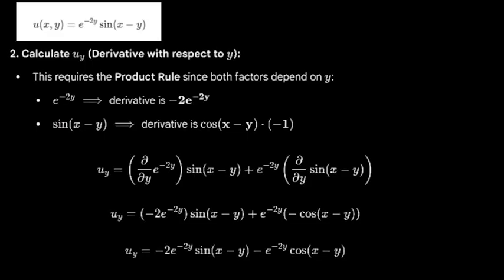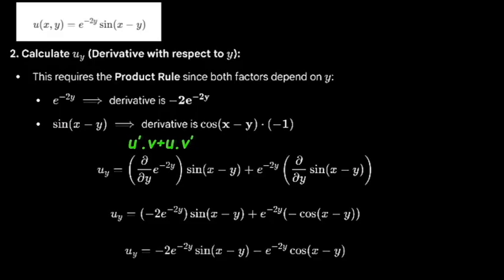If you take the derivative of the first function, you multiply by the other function without the derivative, plus the first function without the derivative, multiplied by the derivative of the second.